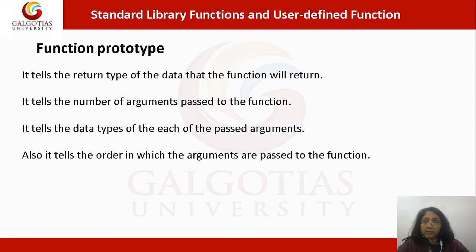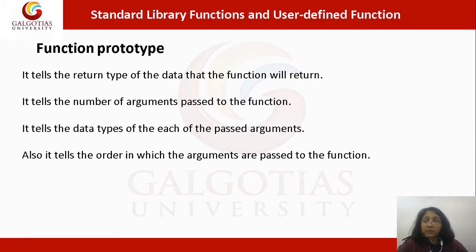What is a function prototype? A function prototype tells the compiler the return type of the data that the function returns. It tells the number of arguments passed to the function. It tells the data type of each of these arguments that is being passed.